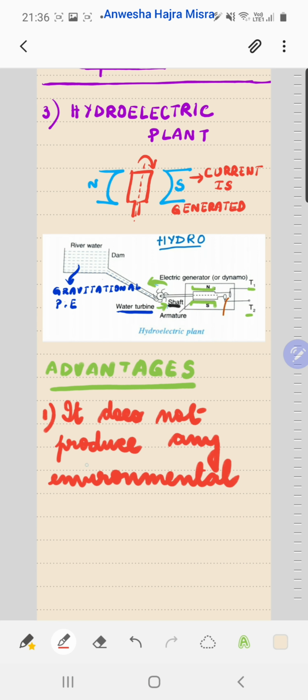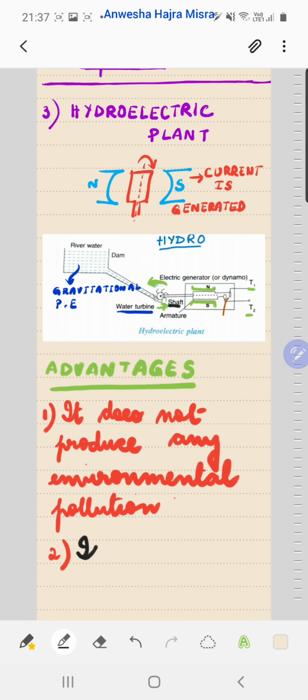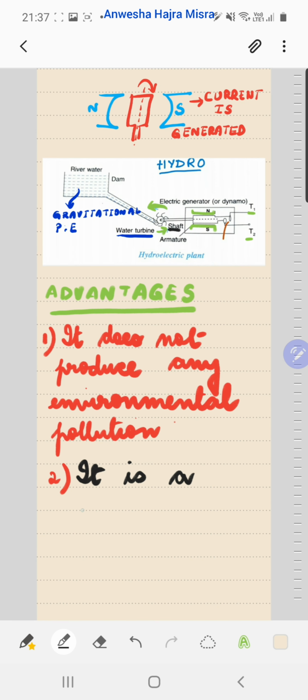It does not produce any environmental pollution. Number 2, it is a renewable source of energy.